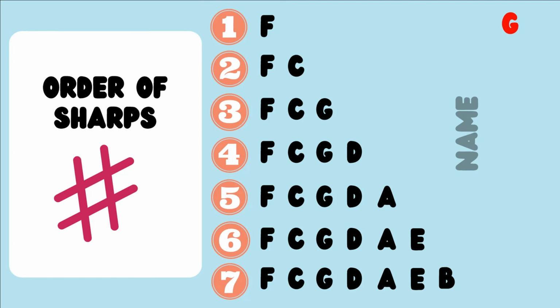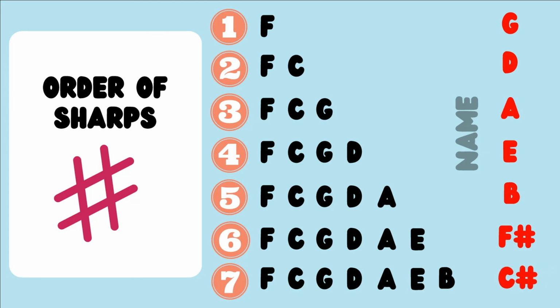If it's 2 sharps, it's called D major. If it's 3 sharps, it's going to be called A major. If it's 4 sharps, the name of the key will be E major. If it's 5 sharps, it is B major. 6 sharps will be F sharp major. 7 sharps will be C sharp major.